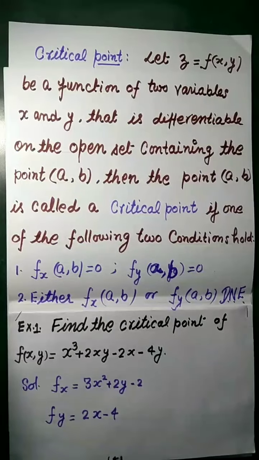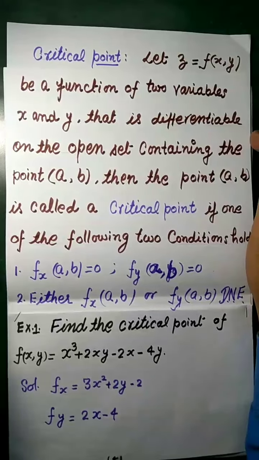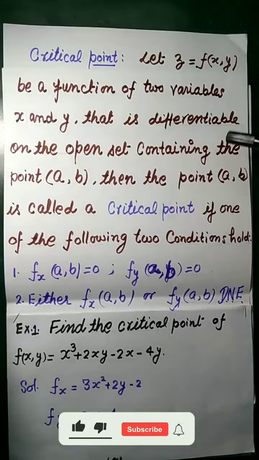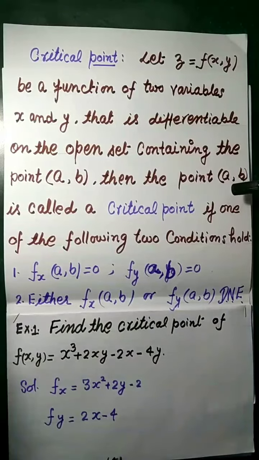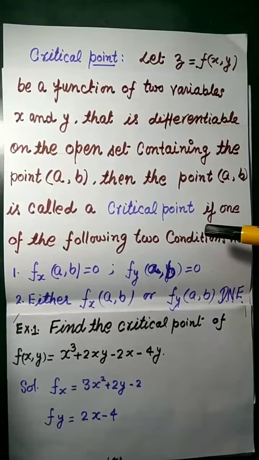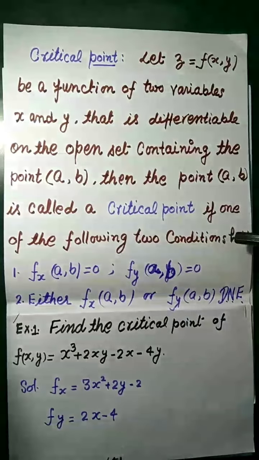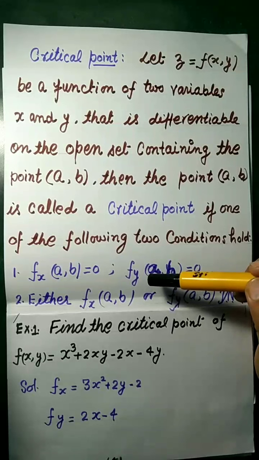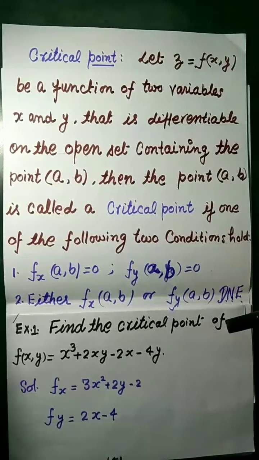Now we see critical point. Let f be a function of two independent variables which is differentiable on an open set containing the point (a, b). Then the point (a, b) is a critical point if one of the following two conditions holds. First, the first partial derivative with respect to x at (a, b) equals 0 and the first partial derivative with respect to y at (a, b) equals 0.